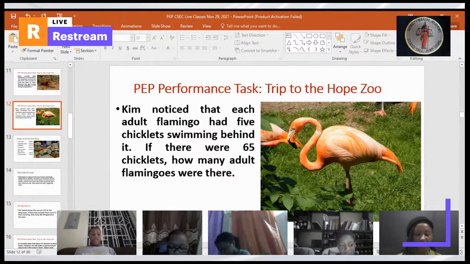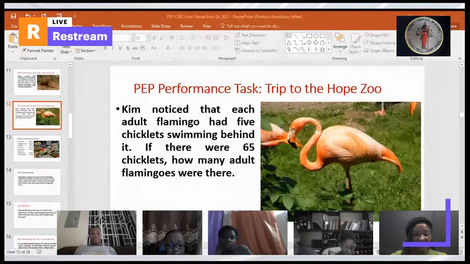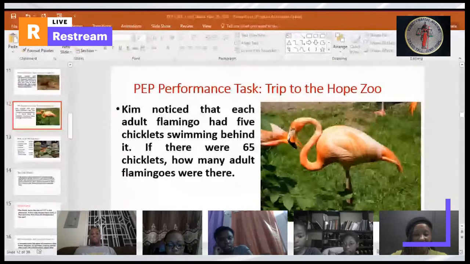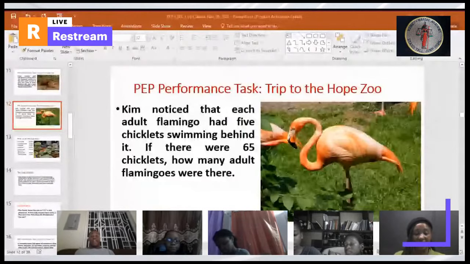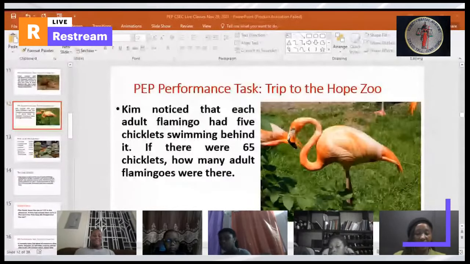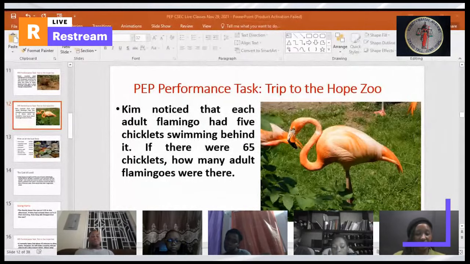All right, so again, I should see the answers flying in. I'm saying 13, Jerry is saying 13, Jordan is saying 13, everybody on board with the 13. Everybody saying anything else? Do you disagree? Amari and John both saying 13.